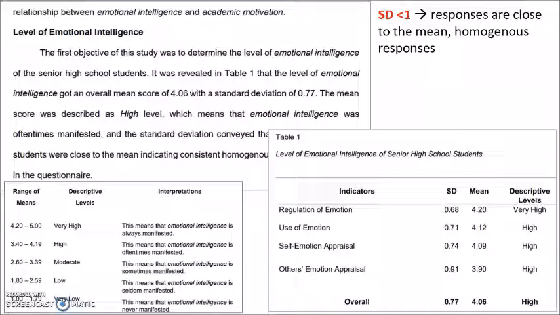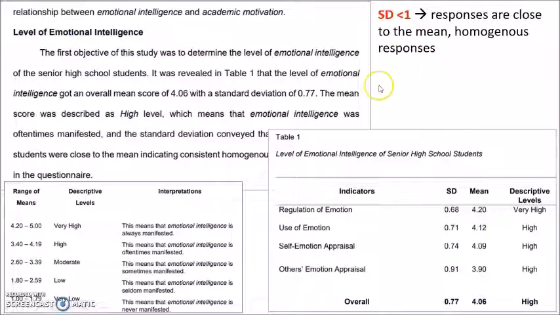So, maraming 4 ang sagot sa mga items sa questionnaire na ito. Maraming 4. In this specific na part ng questionnaire, no? Maraming 4 ang sagot. Siguro may konting 3 or may konting 5. Okay? But most of the responses are 4. So, yun ang ibig sabihin ng standard deviation na less than 1.